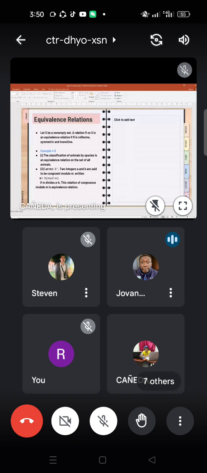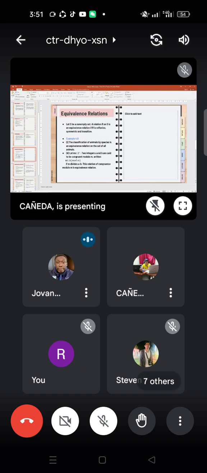A is related to C, meaning 2 divides A minus B. The set of even numbers and the set of odd numbers, when you take their union, the union is the set of natural numbers. But the intersection of the two is empty.